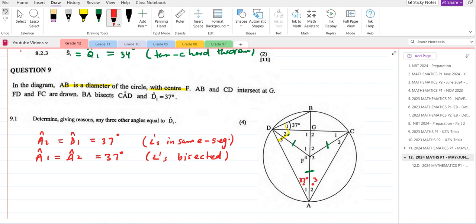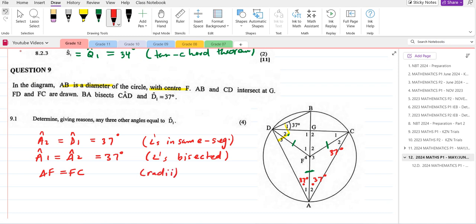And that's 37 degrees. Now we have radii. Angle C2 is also 37 because F is the center. But first we need to say AF equals FC, that's radii.